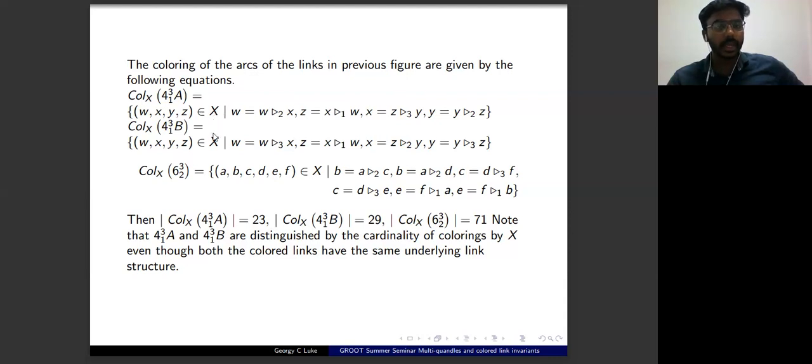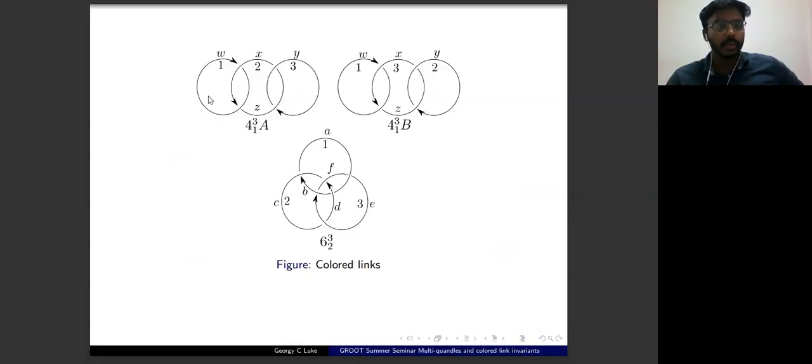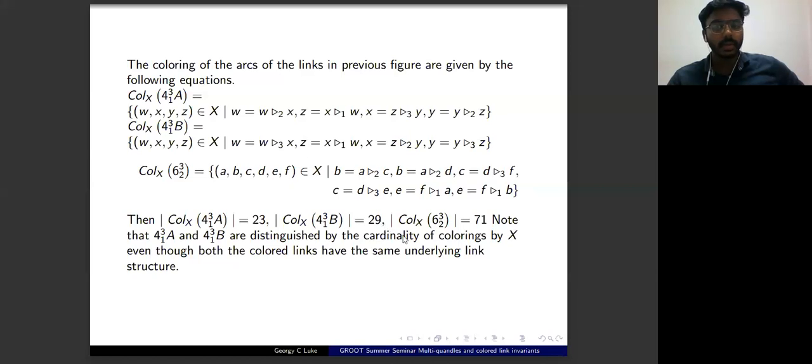So even though their underlying link structures are the same, as colored links they are not the same. For the second colored link, I think it's called the Borromean rings, with the same 3-quandle, the coloring count comes to be 71.